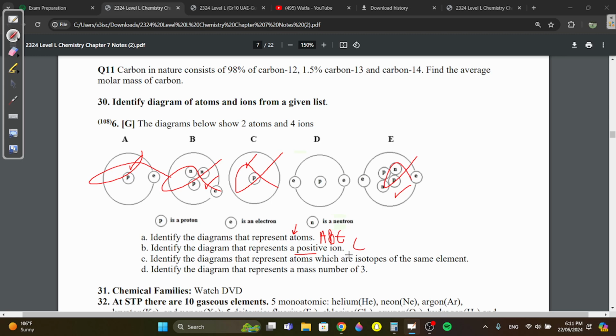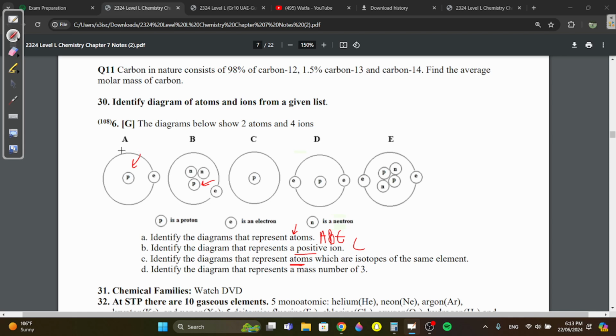And which ones are isotopes of the same element? So which ones have the same number of protons but a different number of neutrons? Here we have one proton, here also one proton, here also one proton, here also one proton. Wait. After looking at the question one more time, they said atoms, so we're only talking about the neutral ones. So this one won't work because it's charged, and this one also won't work.